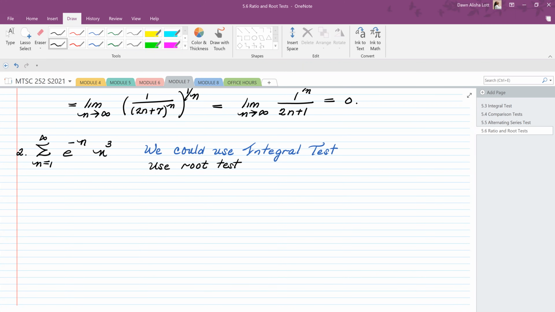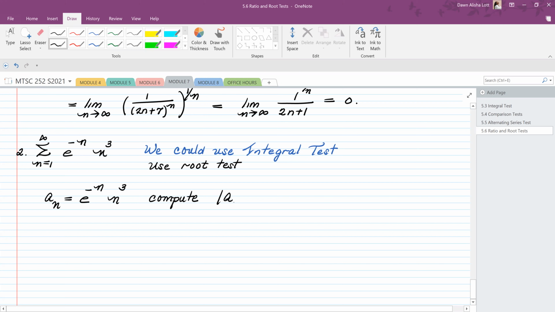So we're going to use the root test. So we're going to let an be e to the minus n times n cubed. So this time, let's compute. An is positive. So let's compute the absolute value of an to the 1 over n power.